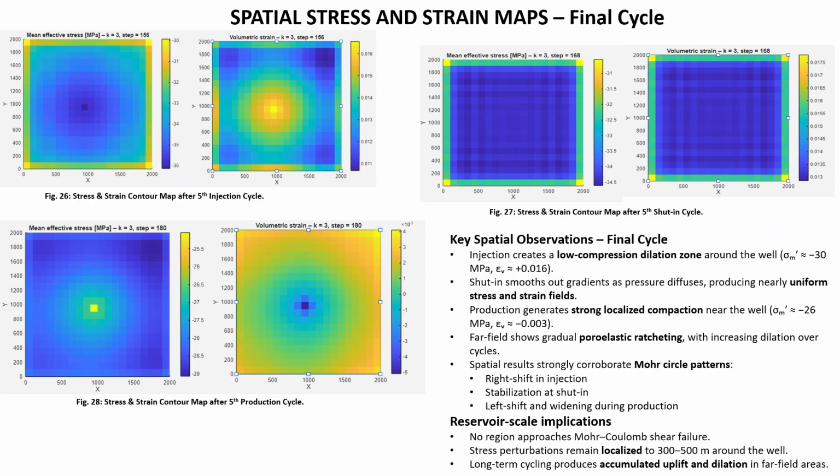And so we've confirmed how these stresses and strain evolve, especially at the final cycle. But let's move on and compare the initial cycle and the final cycle so that we'll be able to make some conclusions and also give some implications and controls on how to understand these results.